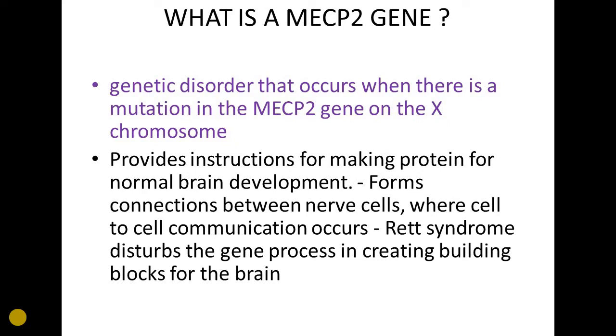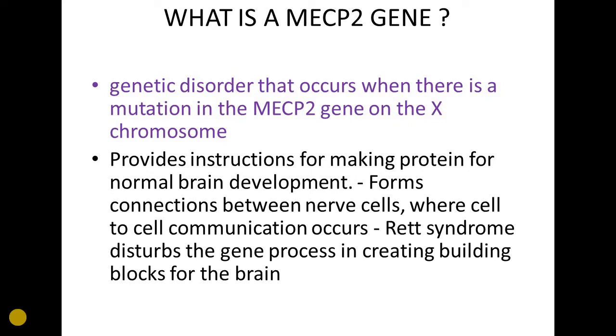And this is also a genetic disorder that occurs when there is a mutation in the MECP2 gene on the X chromosome. MECP2 gene means methyl CpG binding protein, and this occurs on the X chromosome.